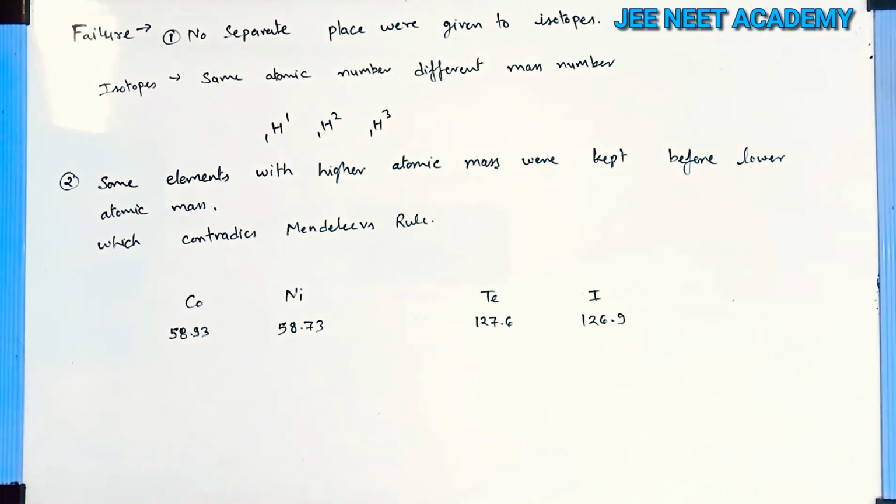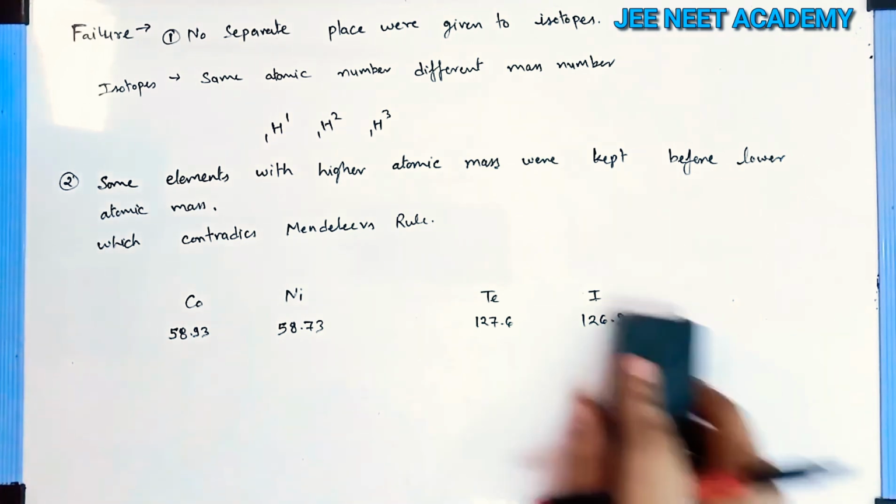So here, after the merits and failures, Mendeleev's periodic table is complete. Now the modern periodic table. Which scientist gave the modern periodic table?